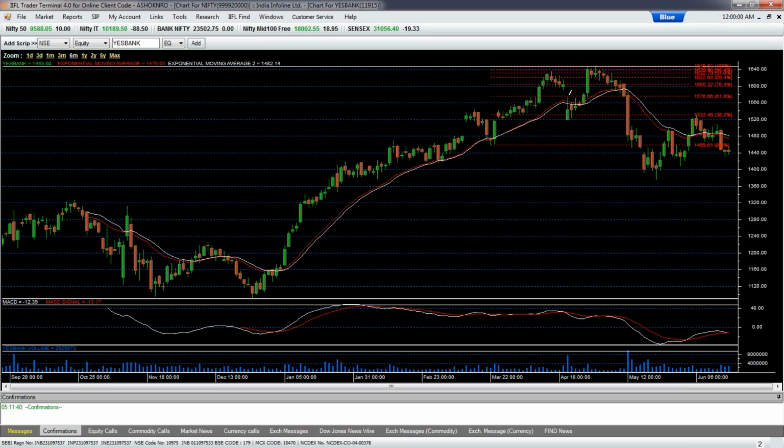Over here this is a resistance zone, previously a big resistance zone. It fell from this level, so now it is a resistance again. It is again a retracement level, which is again a resistance.